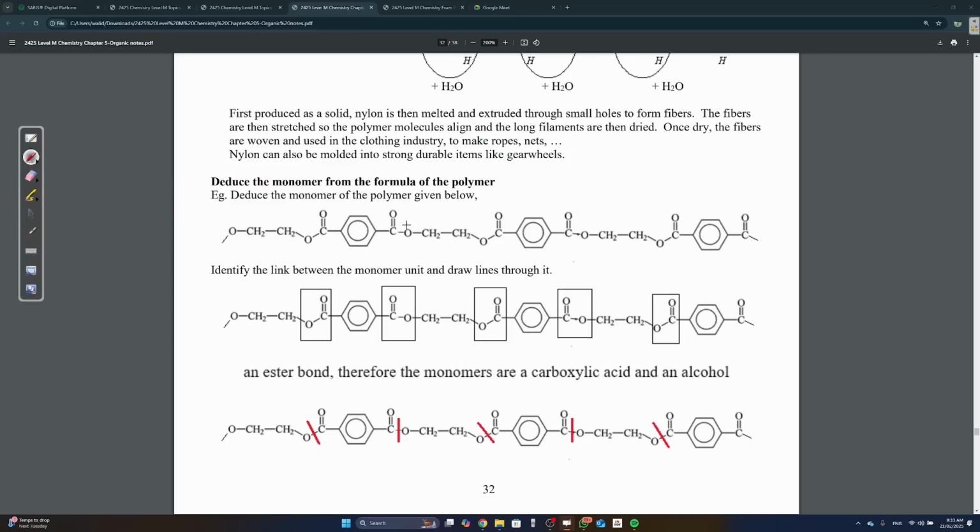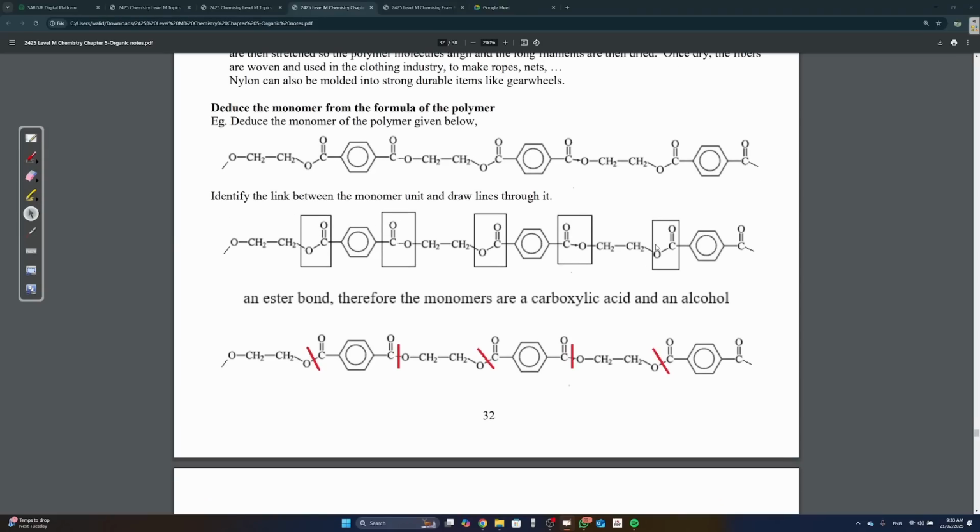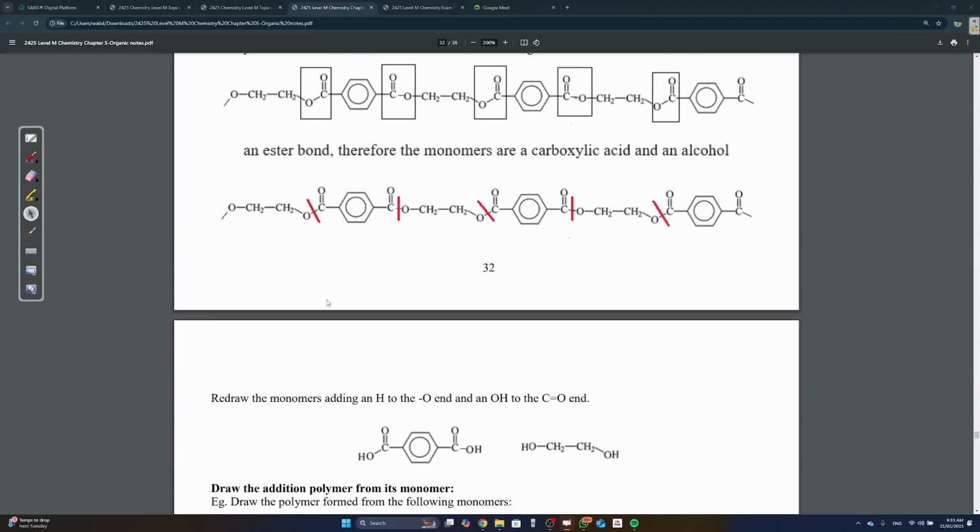Just split it up, right? Let's take only 2 repeating units. Let's just take this, or just split all of them, just so you can kind of get what's going on, right? So this is C double bond O, C double bond O. I'm just gonna follow what she did, okay? So she identified the linkages, all of them C double bond O. She broke them, okay? And when you break them, just take it to the side.